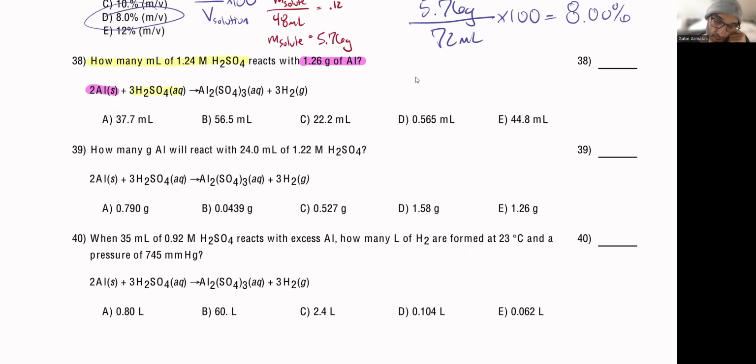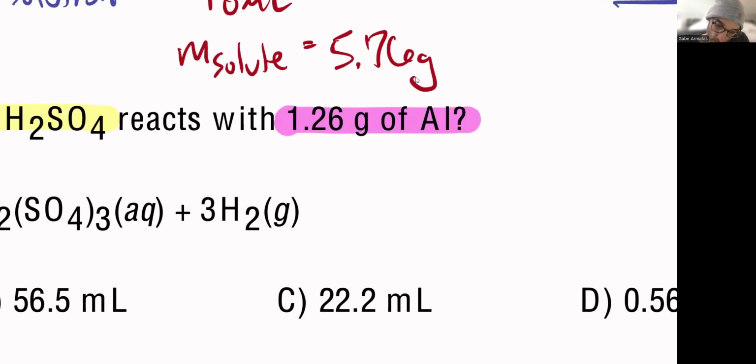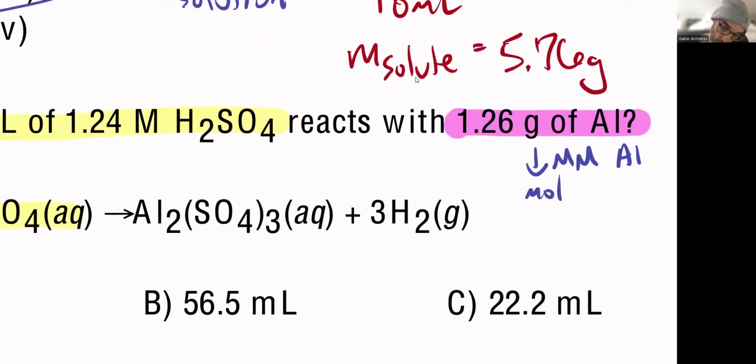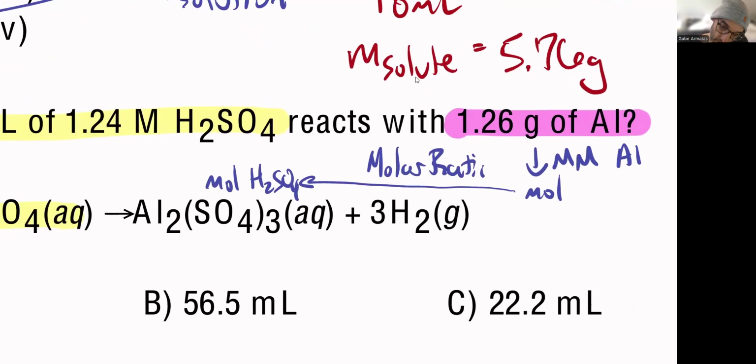When I'm going from grams to moles, I'm using the molar mass of aluminum. Then I'm going to switch to moles of what I'm looking for, H2SO4. This is done with the molar ratio, which I have highlighted below.